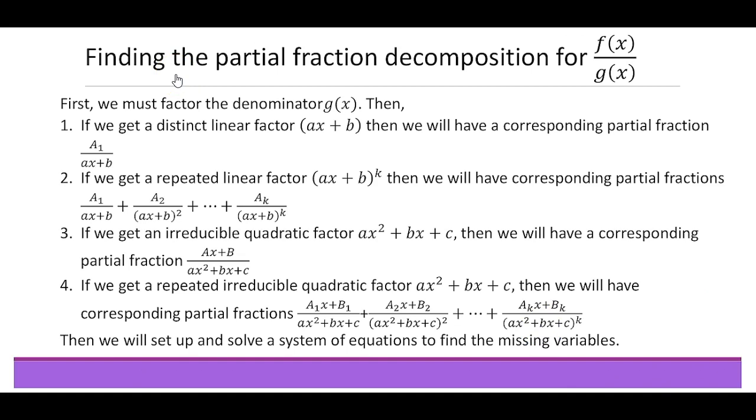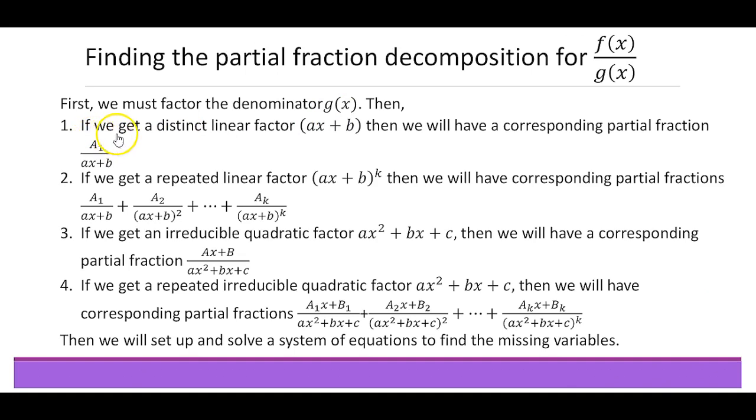All right, so this now goes through a little bit of the process of finding a partial fraction decomposition for some rational expression, f of x over g of x. So this assumes that we have a proper rational function, and then first we must factor the denominator, and then depending on the factorization of the denominator, we're going to get different partial fractions.